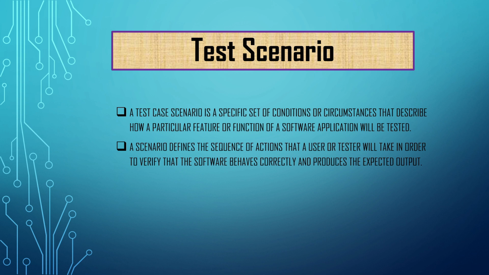So before you create a test case, your test scenarios must be created. As I said previously, it's a high level scenario, like how you're going to test that particular application. Even before you create your test cases, you must create your scenarios.